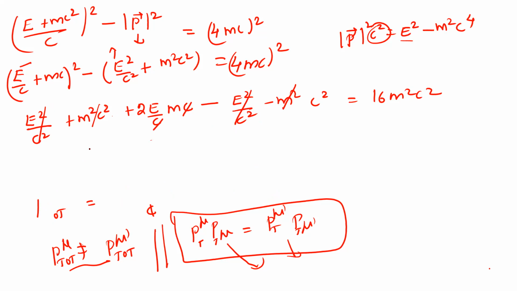No, I think I made a mistake somewhere. Is there a mistake somewhere? E square by c square plus m square c square is 2E by c mc.